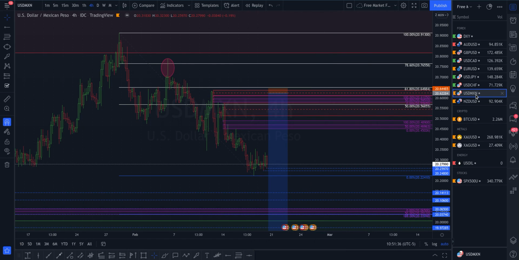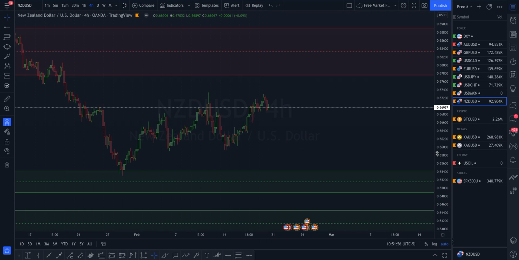USD Mexican peso, again, institutional bias is consolidation. So we may see this pair consolidate, not necessarily to say that we're going to be able to jump in on this trade at these specific levels that have been marked out. But again, guys, we wait for what? Confirmation.